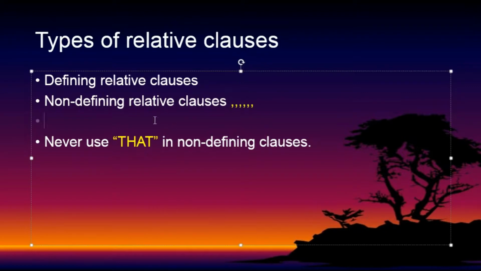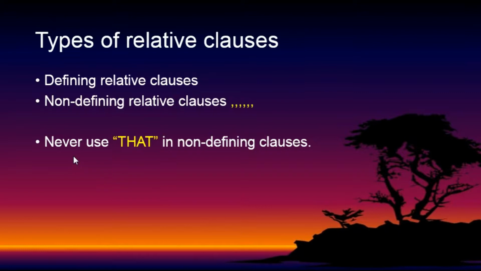In that case, you cannot use that. You will have to use which or who. Is that clear? I hope. So just try to note it: commas mean non-defining. Great.